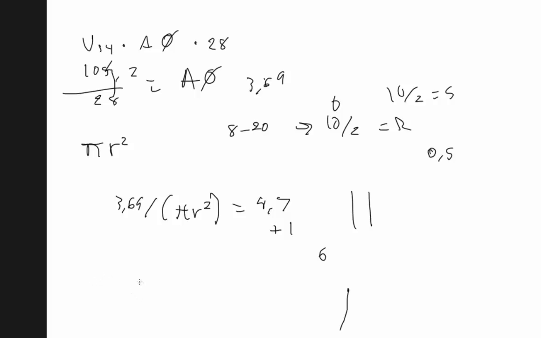So 1 divided by 6, because you don't want to space them out, gives us 0.167 meters. So we get bars of 10 every 16.7 centimeters. Yay! This was actually nice.